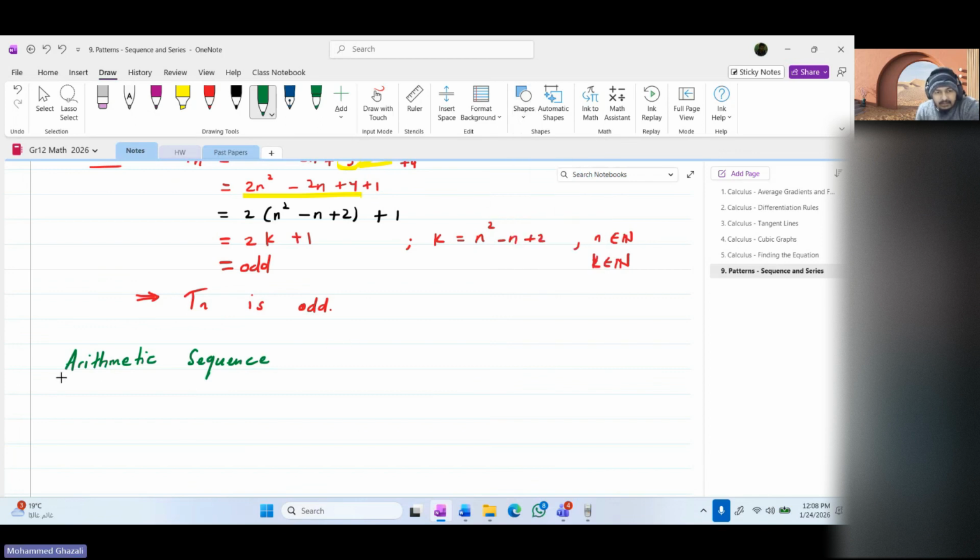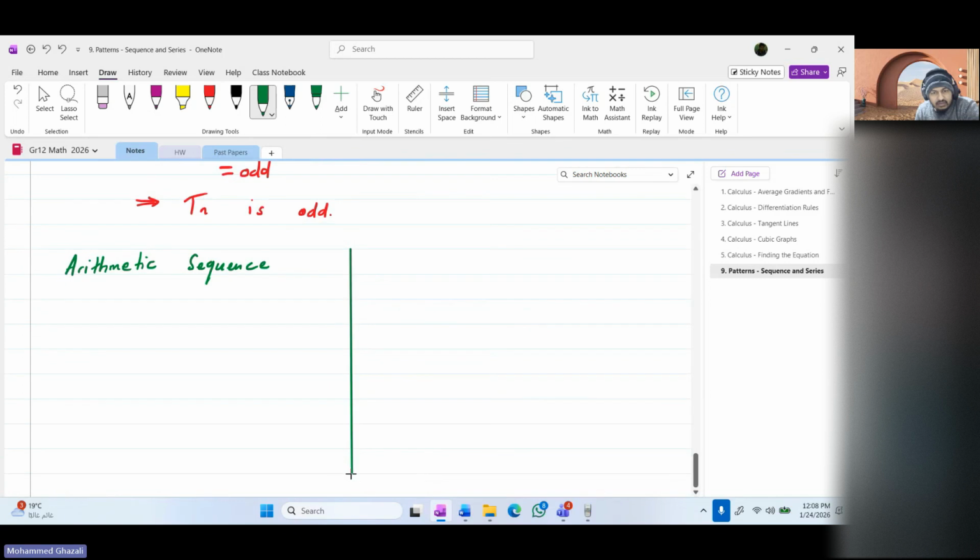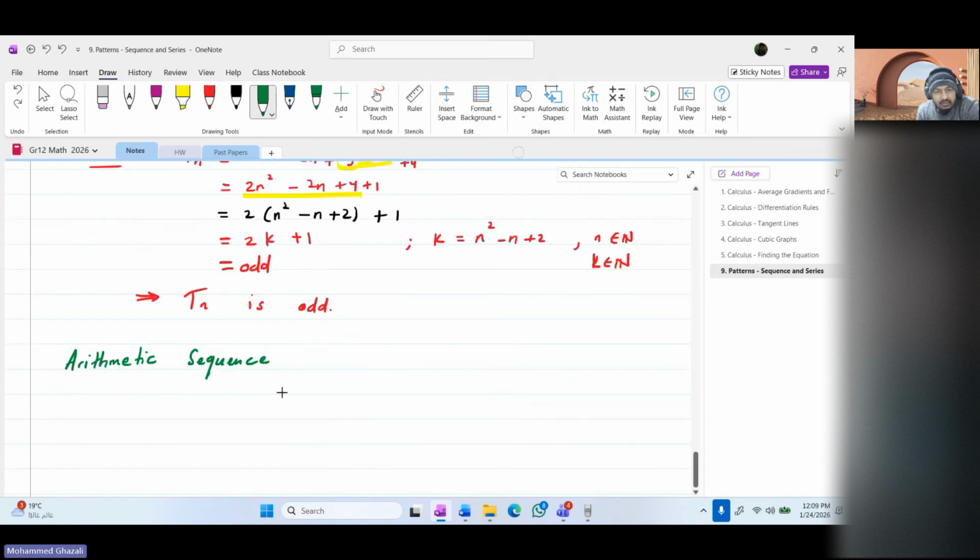Actually, arithmetic sequence you kind of already know. Let's do both on this side, one arithmetic and one geometric. No, let's just focus on arithmetic for now. Geometric we'll do when we are in that example.